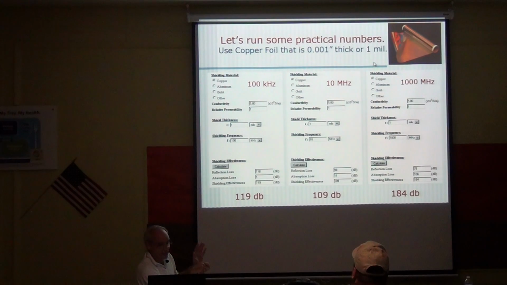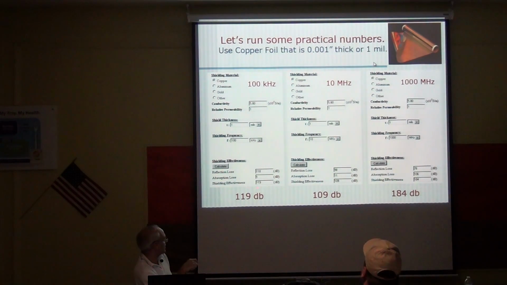The nice thing about this, you push the calculate button, and in this first case at 100 kilohertz, that 1 mil of copper foil will create 118 dB of reflection losses, and since it's so skinny at that low frequency, it only gives you 1 dB of absorption loss. So the total shielding effectiveness is 119 dB.